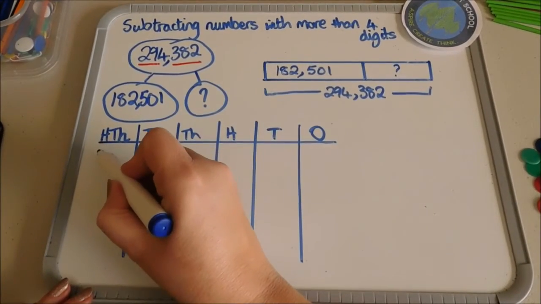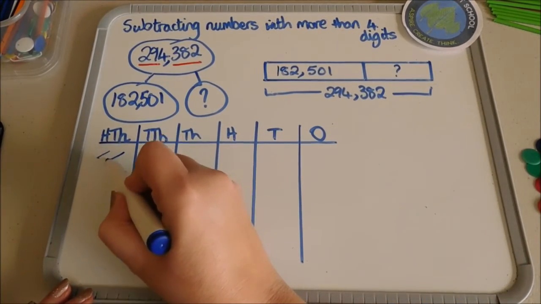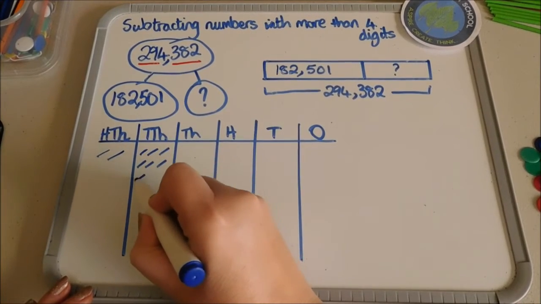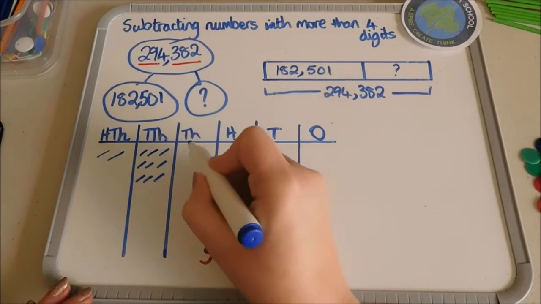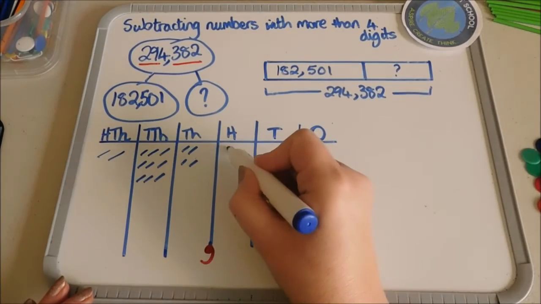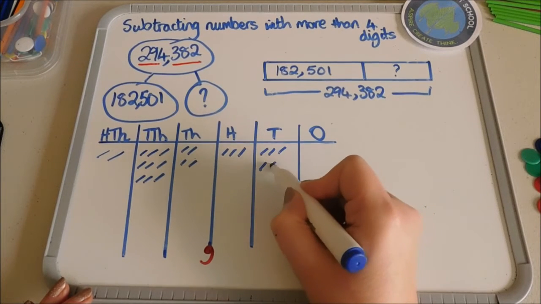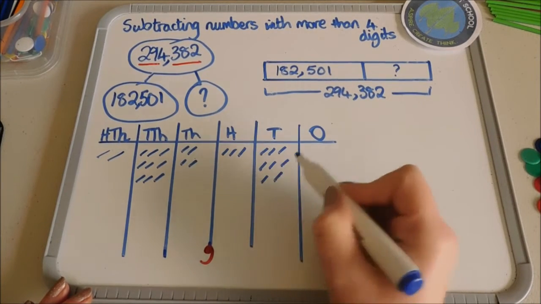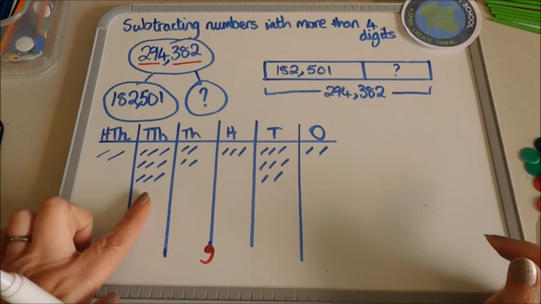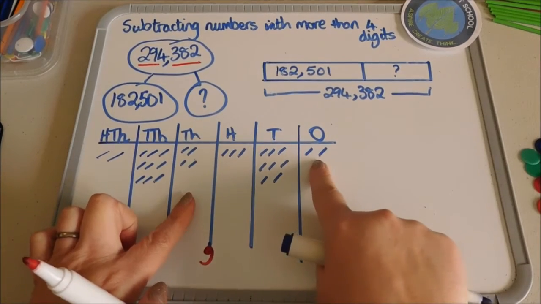Okay, so I'm going to put in my 294,000, so 1, 2, 3, 4, 5, 6, 7, 8, 9, 4 hundred... 94,300 and 1, 2, 3, 4, 5, 6, 7, 8, 82. 294,382.